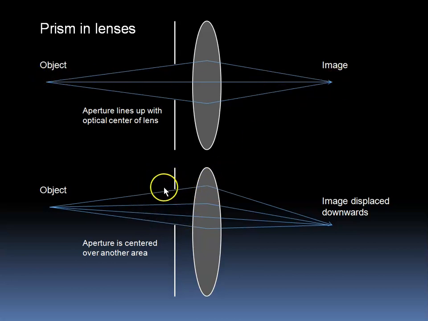Here, where the aperture overlies the upper half of the lens, object rays are converged to form an image point, but the overall image rays are bent towards the base because of the base-down prism effect, with an image displaced downwards.